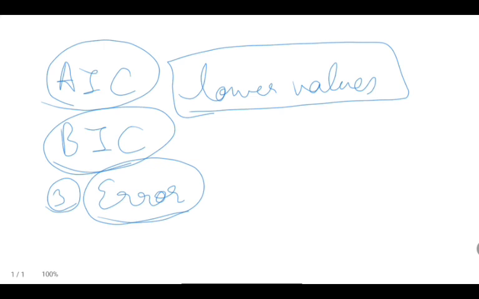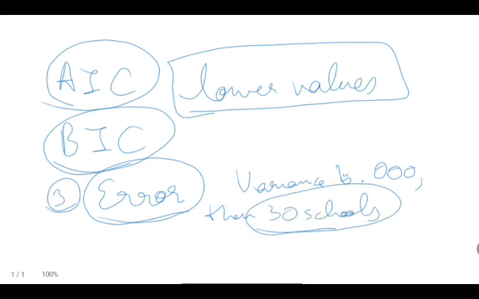If the variance for the slope is 0.000, then it means the 30 schools are not enough to support the random slope. So it means that the 30 schools which we have considered to collect the data are not enough to support the random slope. Okay, so we need to collect more data.